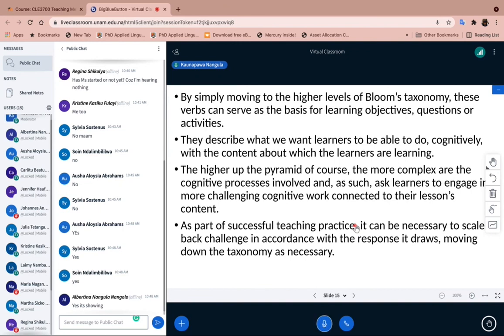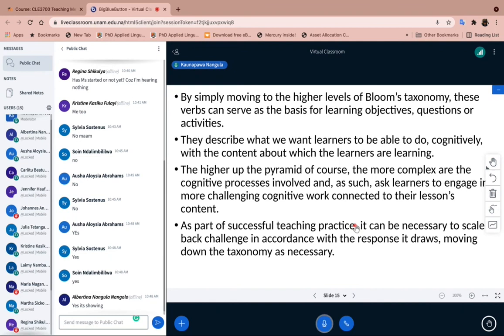As part of successful teaching practice, it can be necessary to scale back the challenge in accordance with the response it draws, moving down the taxonomy as necessary. So for example, let's say you start your lesson with an activity that has everything to do with evaluating, and remember that evaluating is really higher up in the pyramid.